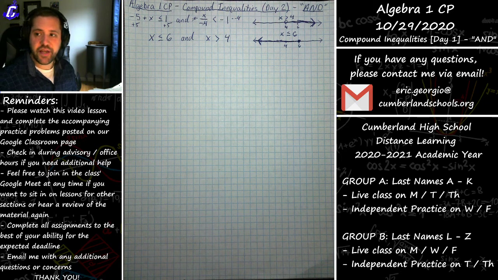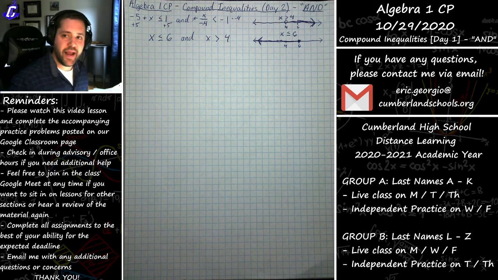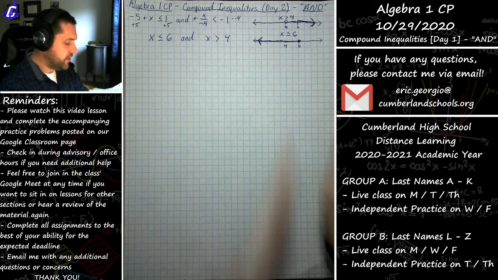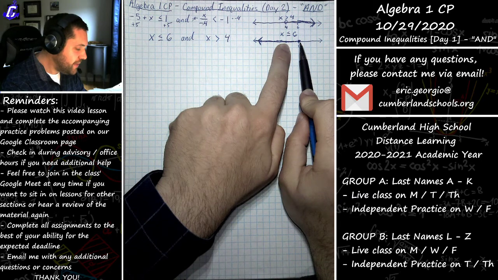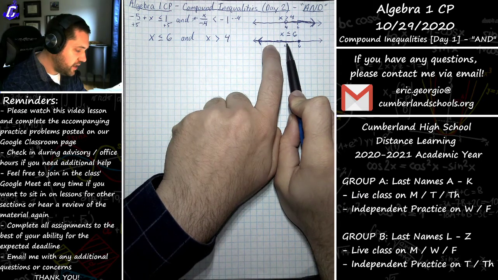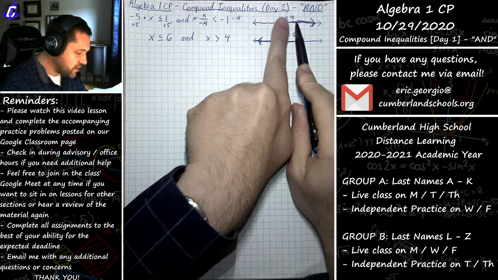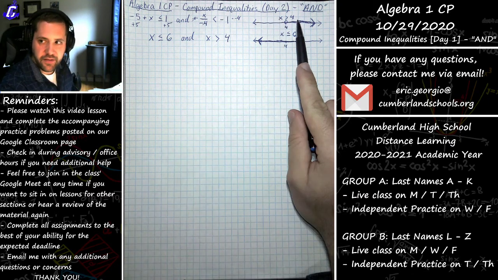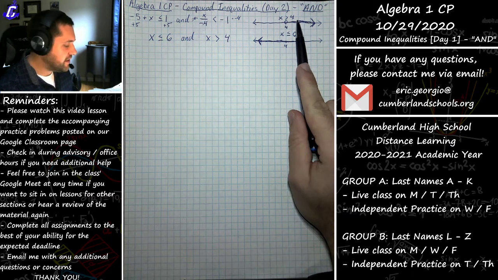So the question is, looking at both of those inequalities, what values for x are captured by both of them? And hopefully you can see it would be the ones in between here, the ones between 4 and 6, because those are the ones that are highlighted and shaded in both of these number lines.